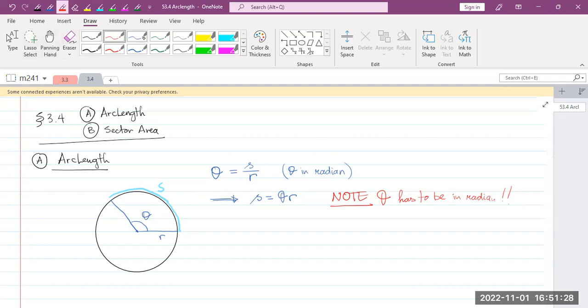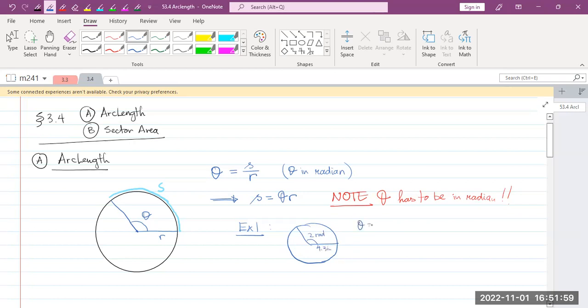Example 1: given the length of the arc cut by a central angle of 2 radians. So we have a circle with central angle theta 2 radian, with radius 4.3 inches.